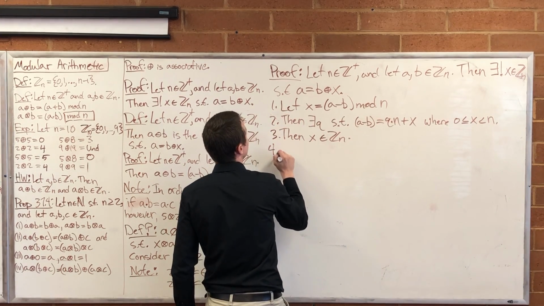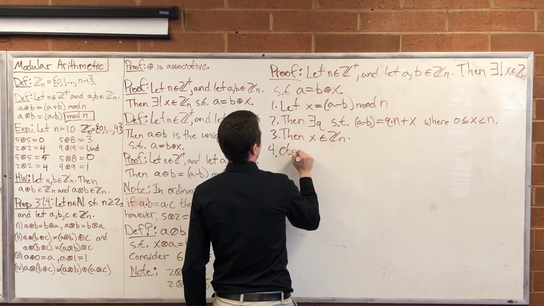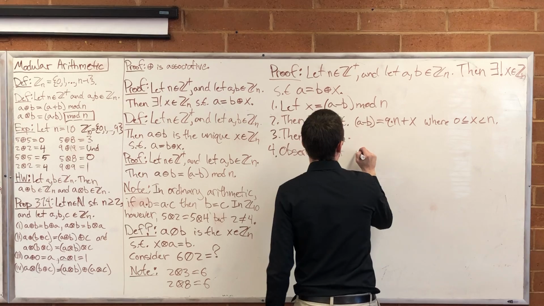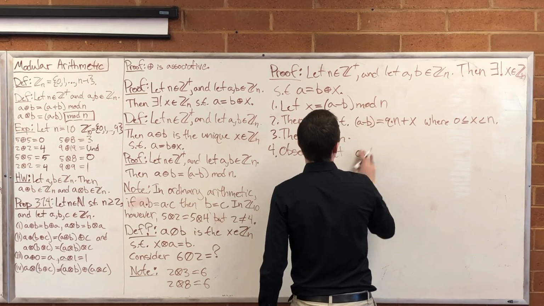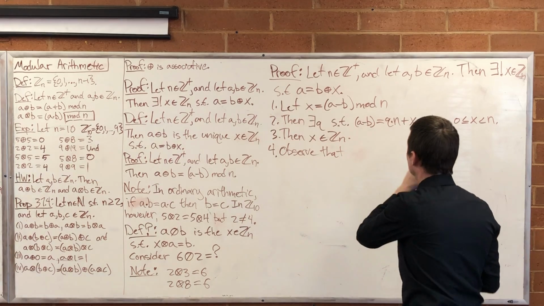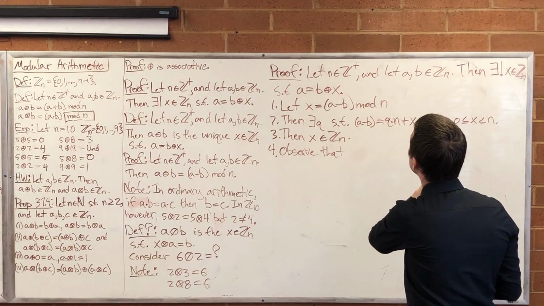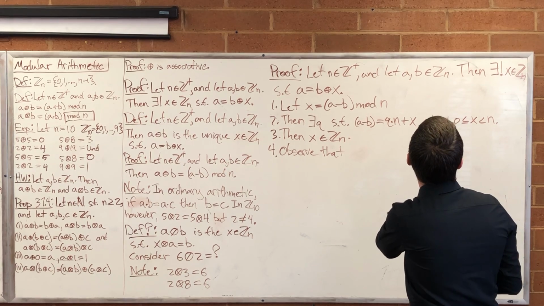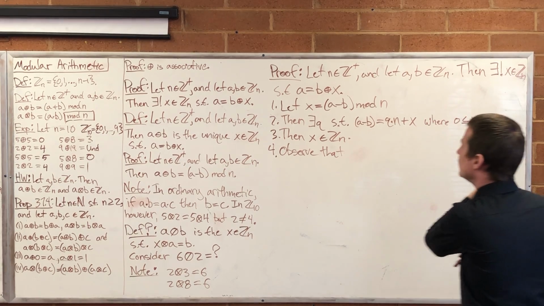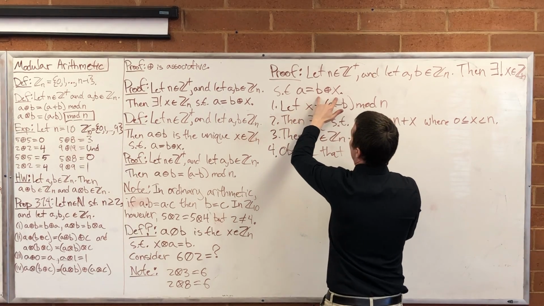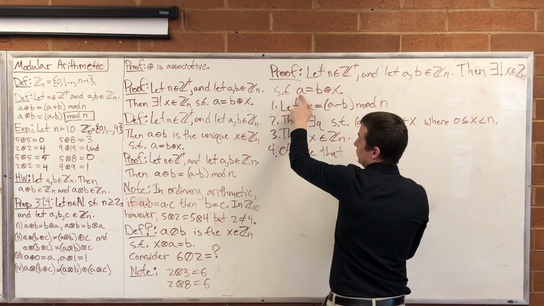So, 4. Observe that, maybe we'll just evaluate this side of the expression to get to there. So observe that I need to evaluate this side of the expression and show it's equal to that.